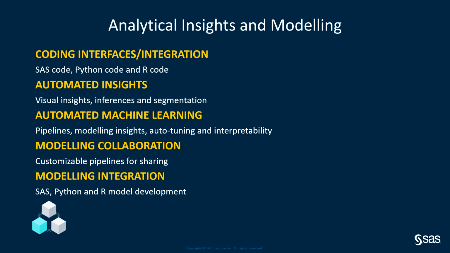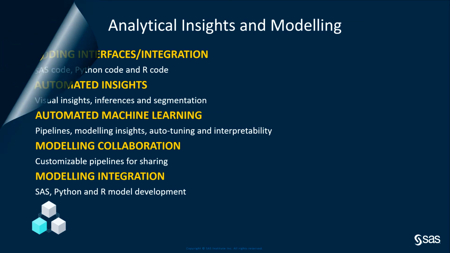SAS Viya can dynamically build pipelines based on the model input data to support model collaboration and best practice. Python and R code can be integrated with SAS pipelines to support a multi-language modeling framework. These models can be compared and analyzed using the statistical insights, assessment charts, and fit statistics within the SAS Viya framework to select the most appropriate champion model for further testing or direct deployment.